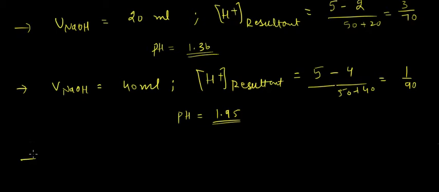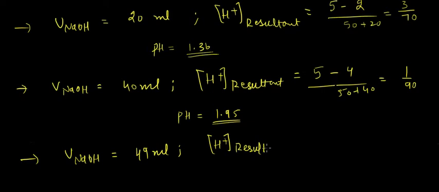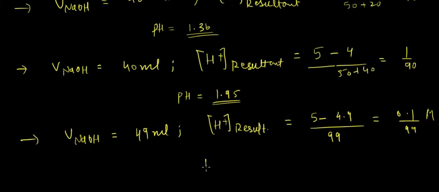Okay. Now if we have volume of NaOH as, let's say, 49 ml, then H plus resultant would be 5 minus 4.9 divided by 99. So that would give us 0.1 upon 99 m. So pH in this case would be now 3.